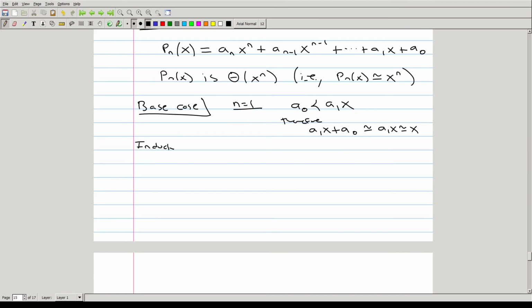The inductive hypothesis is that there exists some n in the positive integers such that Pn of x is on the same order as x to the n.